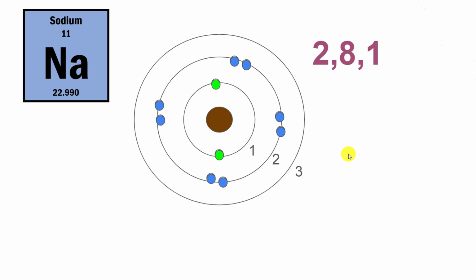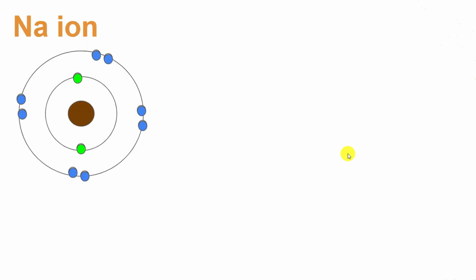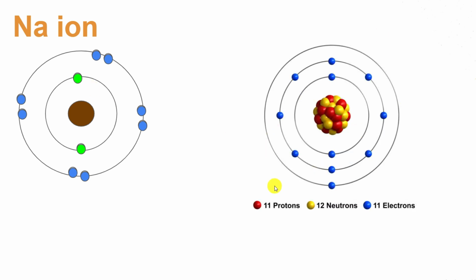This action makes sodium an ion. So, what charge does sodium obtain when it becomes an ion? Pay attention to the original neutral form of sodium. The nucleus has 11 protons, and there are 11 electrons in the shells.